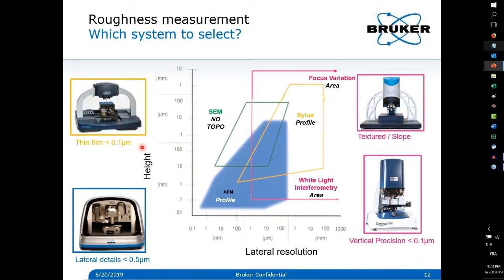So for thin films below 0.1 microns, be it metallic or transparent surfaces, light will not be able to distinguish the interfaces very well on optical profilers. So the stylus profilers remain the right solution.